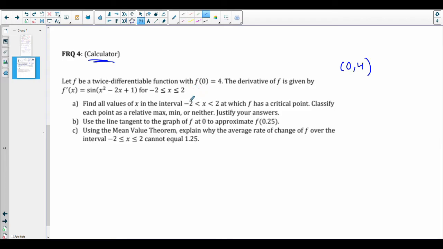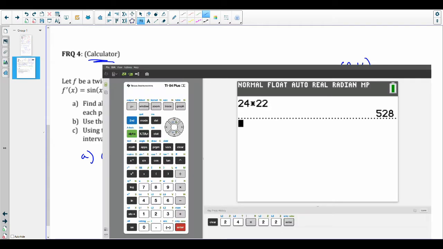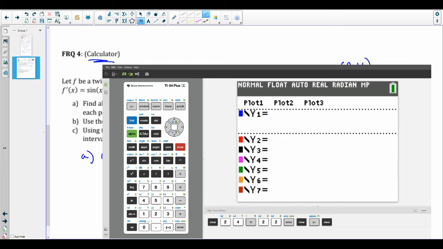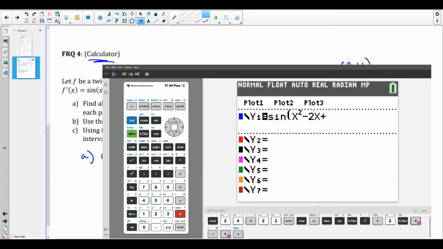So right off the bat, the first thing I'm going to do is put this function into y1 in my calculator. So let me go ahead and do that. Minus 2x.